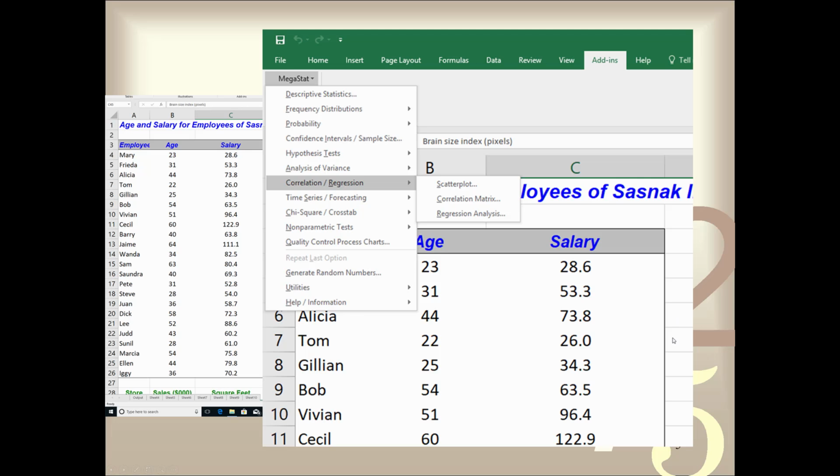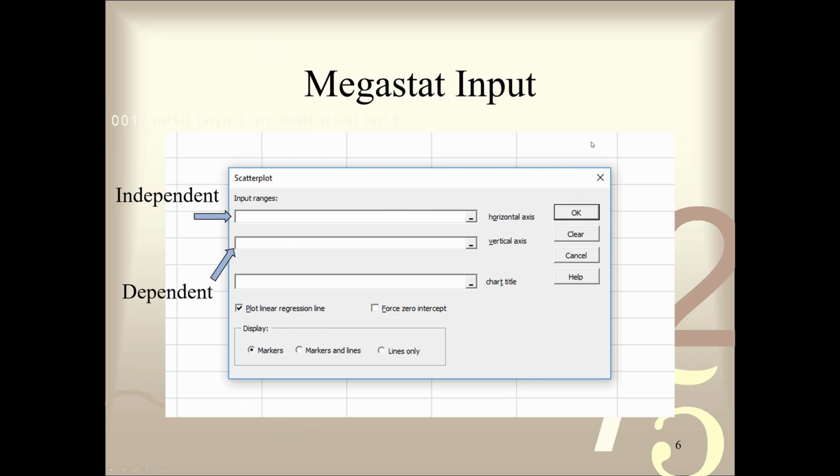Okay, so you can see it kind of goes through the steps in the right order. Scatterplot looking at the correlation visually, correlation to get the number for the correlation between the two variables, and then the overall regression analysis.